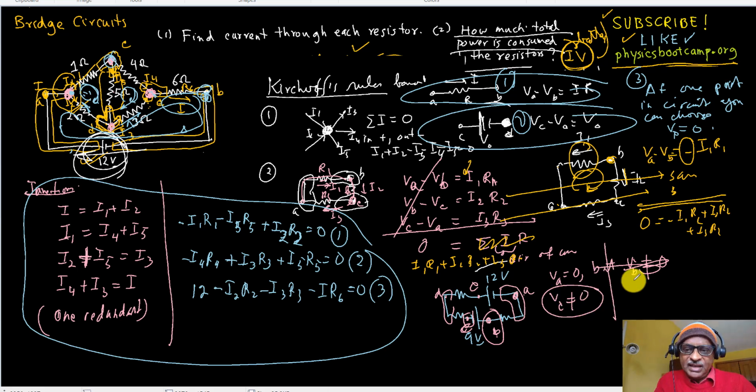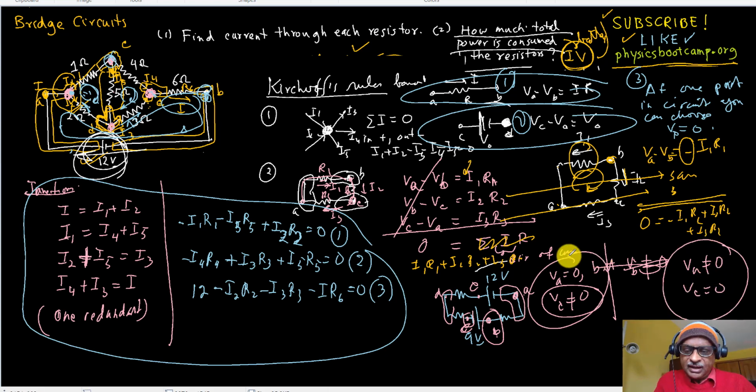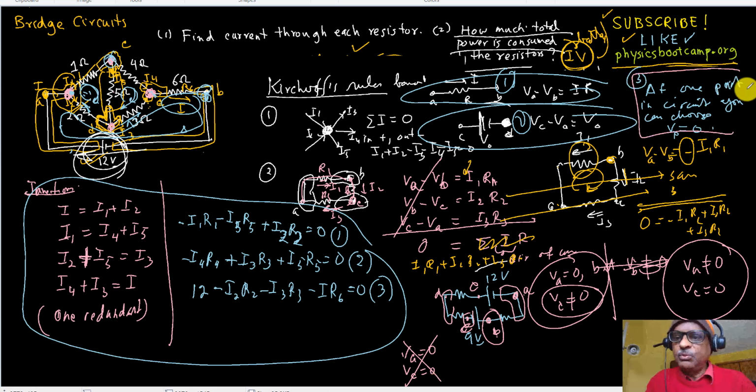You can have that combination, or you can have VA not 0 but VC equal to 0. So you can have this or that, but you can't have VA equal to 0 and VC equal to 0. You can't have that. Okay, so make sure that you only pick one place to be 0.